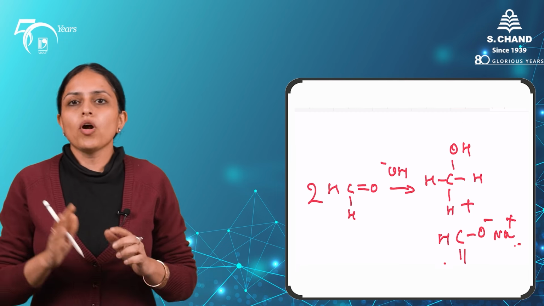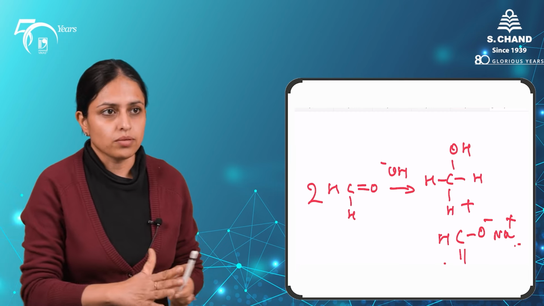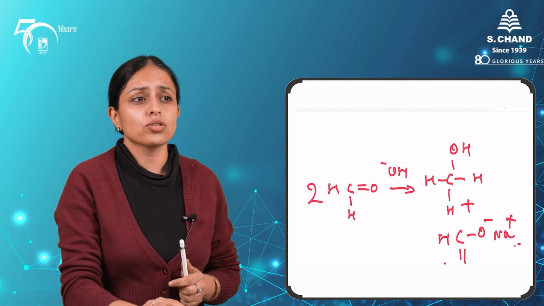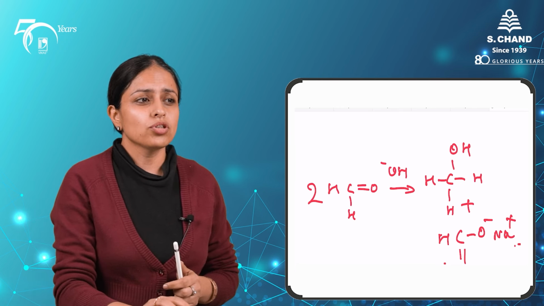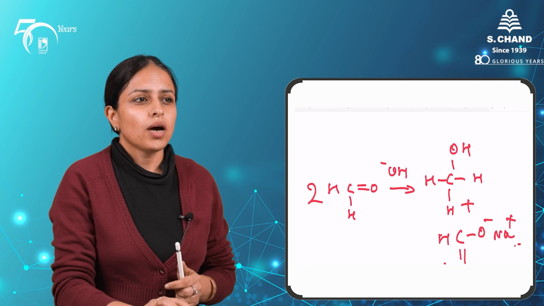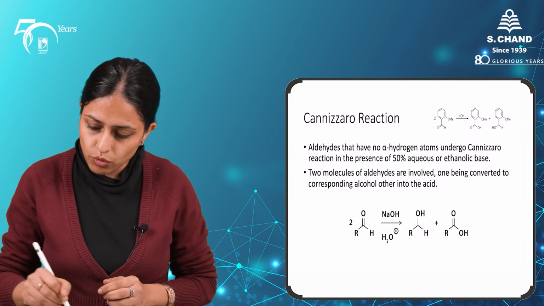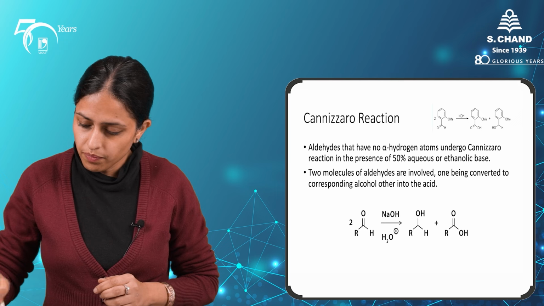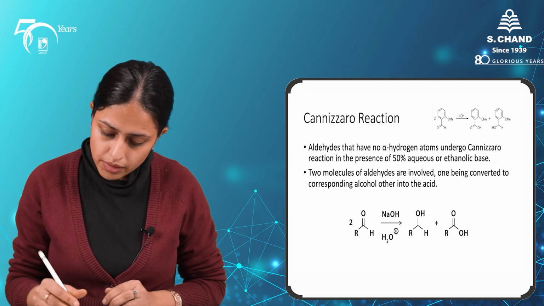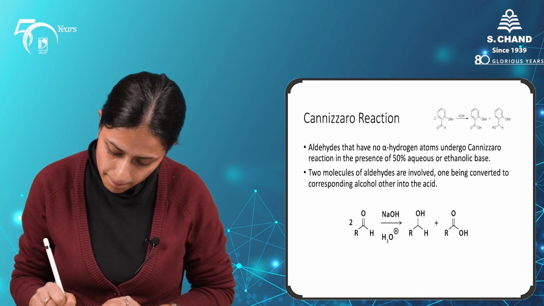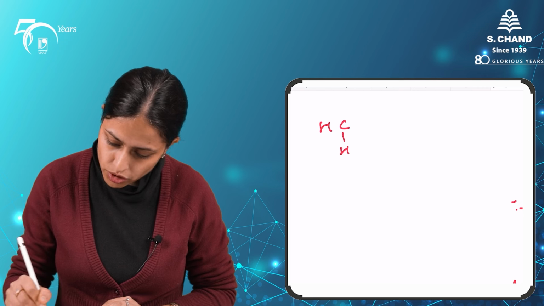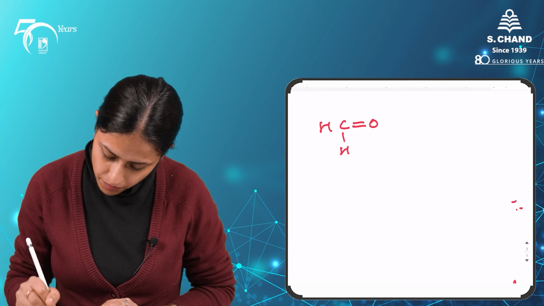So these are the two products of the Cannizzaro reaction. So the Cannizzaro reaction is an important reaction to synthesize such compounds. I'll briefly explain the mechanism of the Cannizzaro reaction also. So the first step in this reaction is, let's take up this reaction with this only.